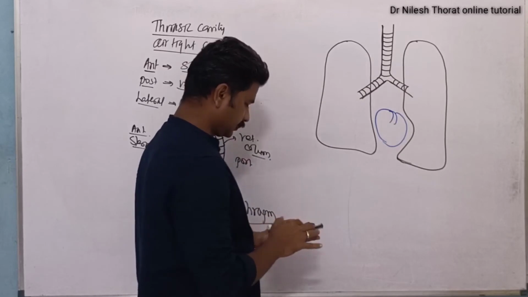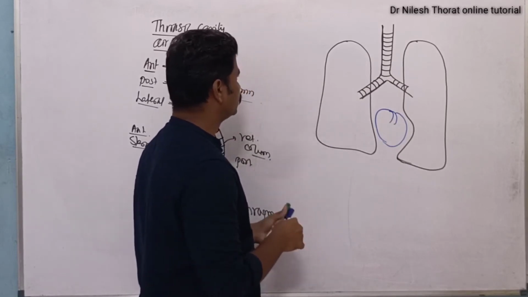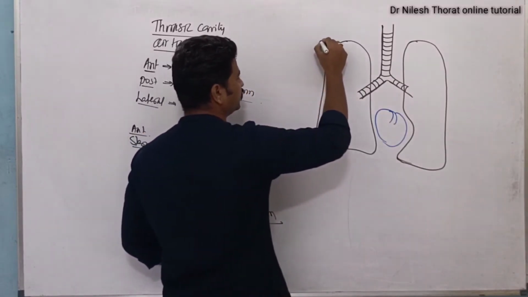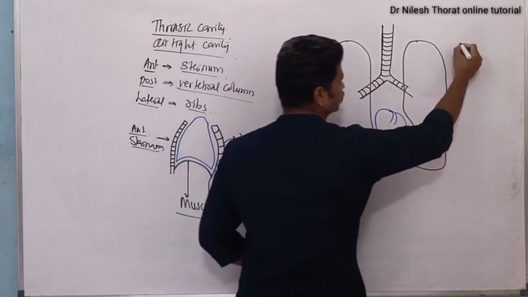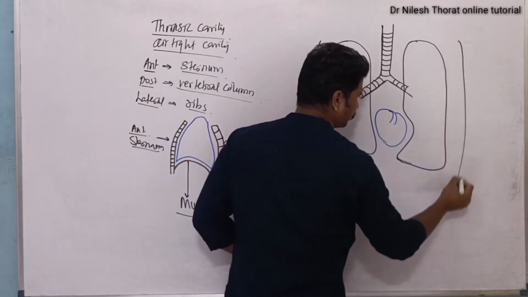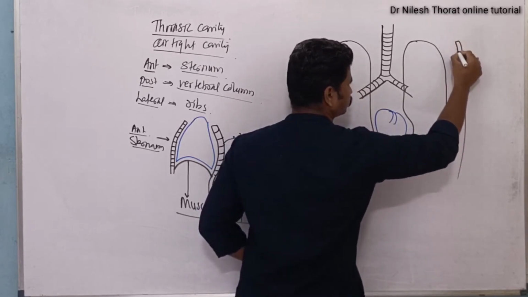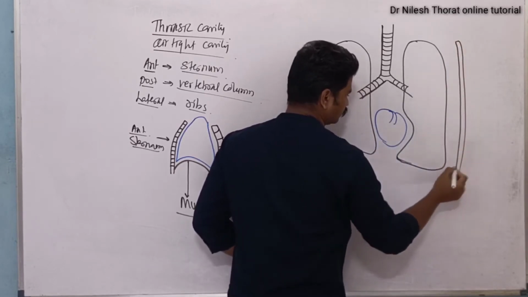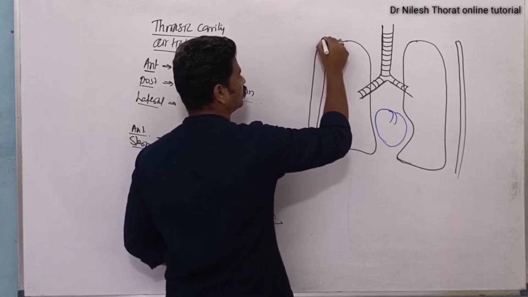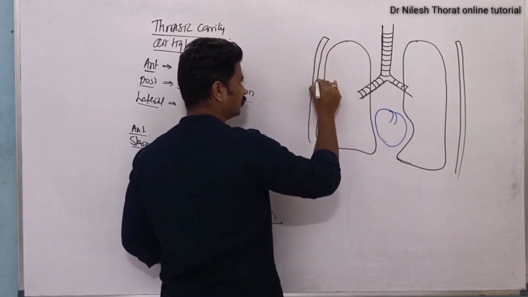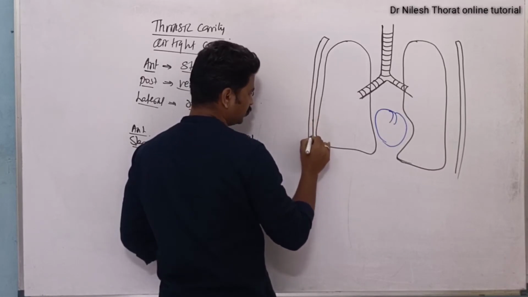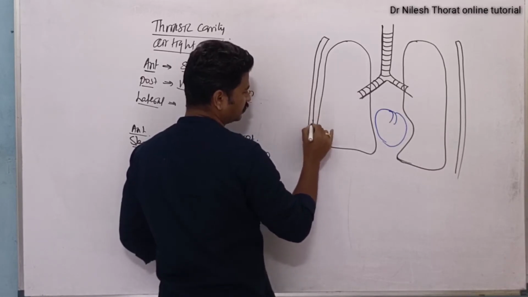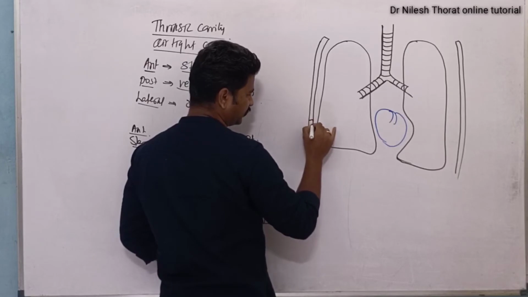Clear? These lungs are actually placed in the thoracic cavity. So this is the boundary of the thoracic cavity. Here we can visualize the cut ends of ribs.